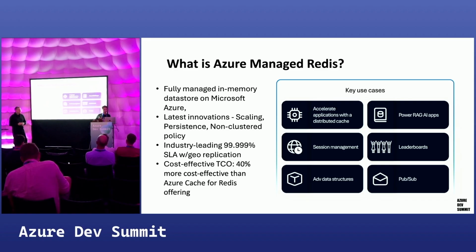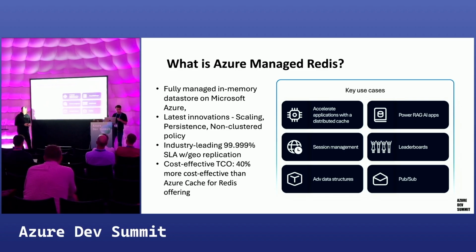We've built in functionality, which is basically the click of a button, and you can have a replica of your specific instance in another region as well, getting it up to 5 nines. So if you think about enterprise applications and how more mission critical and important they are becoming, and how quick they need to be, and how close they need to be to your users, with AMR, within a couple of minutes, you can have an instance like that.